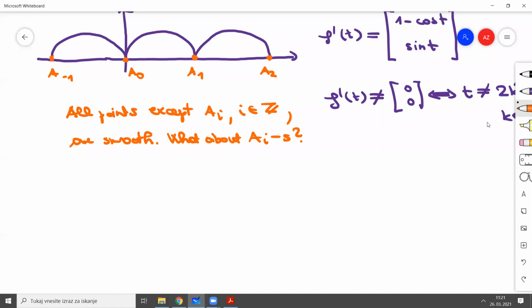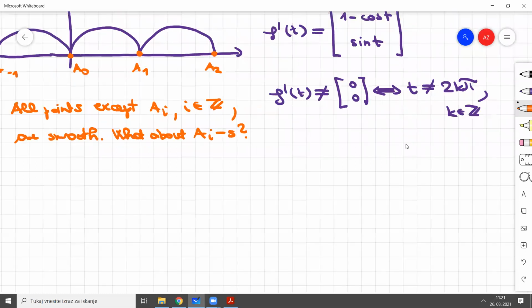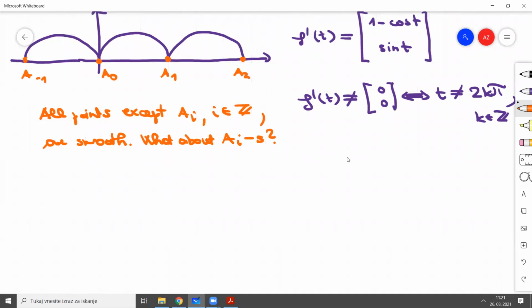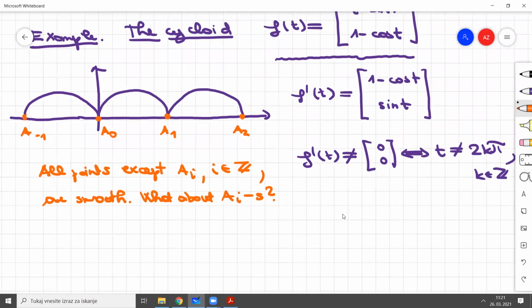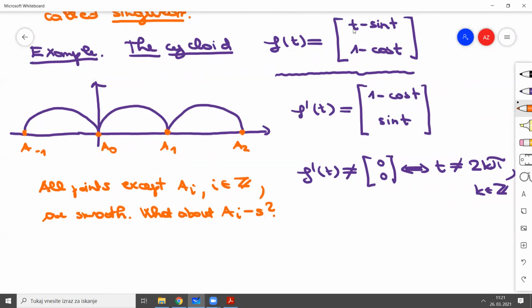So we stopped the last hour with the question if the points of the cycloid in which the velocity with respect to this specific parameterization is 0 are indeed problematic, are indeed singular points of the cycloid, or is only the parameterization not appropriate? What would you say? What do you think? Are those points really singular, or can we compute the tangent to the curve?